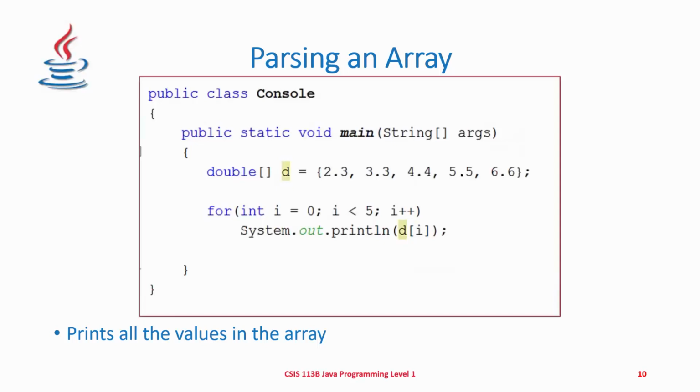Notice that when we create the for loop, we're using integer I starting at 0 because that's where our index values begin. We're going to run this as long as I is less than 5, because remember, the last index number in an array is always 1 less than the number of elements in the array.